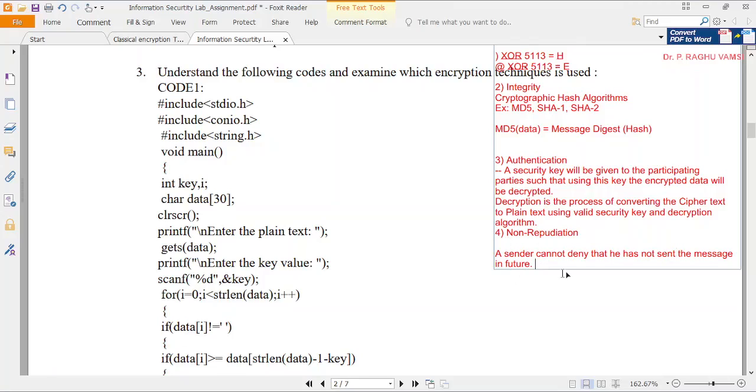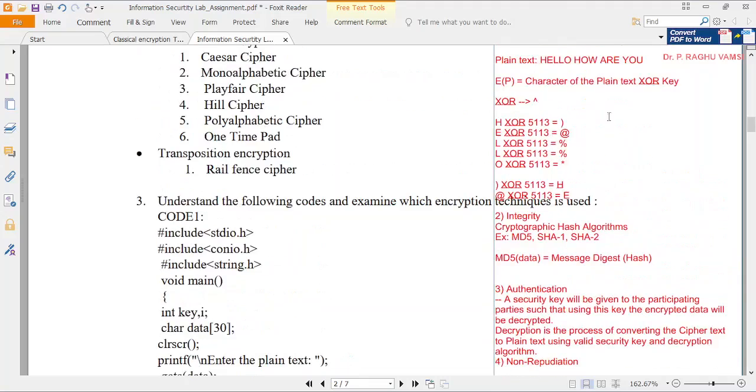This is called the non-repudiation property. This is achieved with the help of public key algorithms and digital signatures, which we have seen in brief.